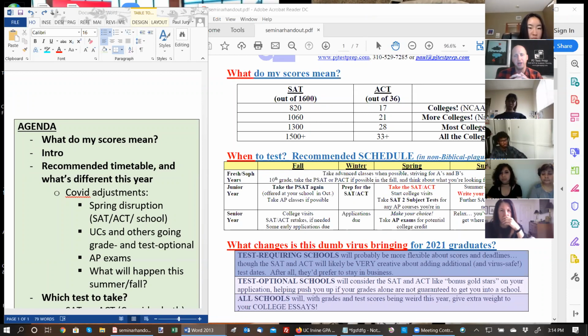Our general recommendation is, assuming that you're able to, I'm still recommending trying to take the test if you can. At this point, with test optional schools, and some schools are always test optional but this year more of them are, they always like to see a good SAT score. If you have a 3.9 and some other kid has a 3.9, but you also submit a 1400 SAT score, they're not supposed to do this, but they kind of can't help but think, oh, that other kid probably doesn't have a 1400 to submit.